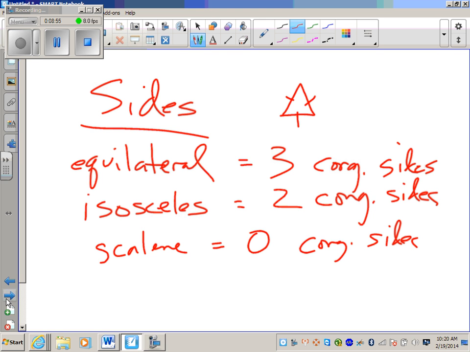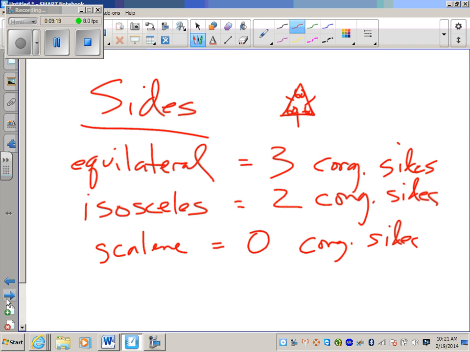Therefore, to get 180, I've got three angles, each of them has to measure 60. So that's usually how it works out. If you have a triangle that does not have any angles in common, you're not going to have any sides in common either. It's consistent that way.